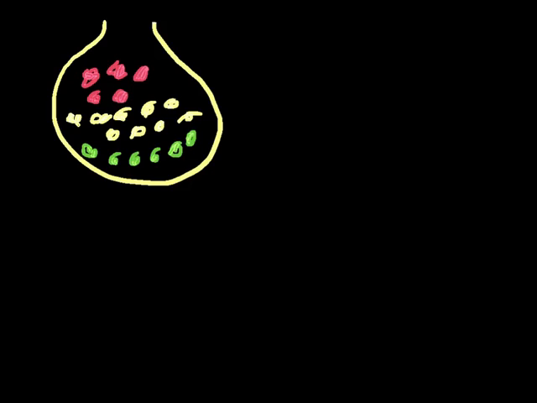So there's our bag that contains all the things that we wish it would contain. So we'll tie our bag. There we go. So now we have a bag that has the marbles in it.